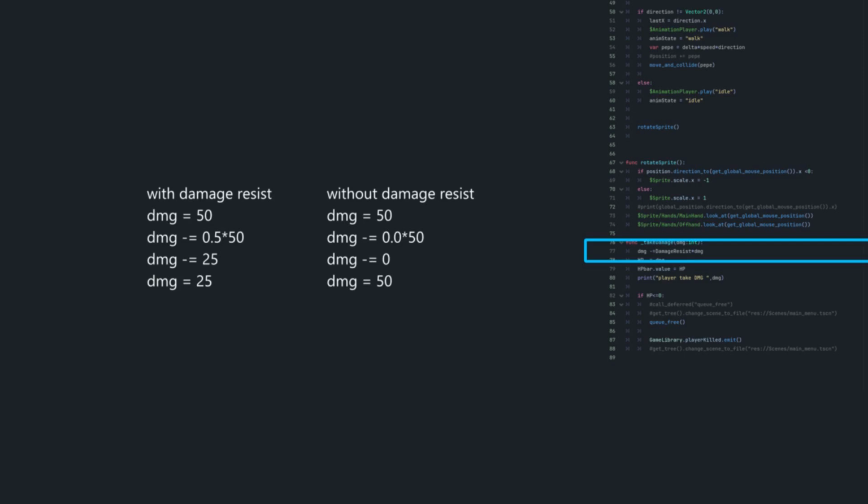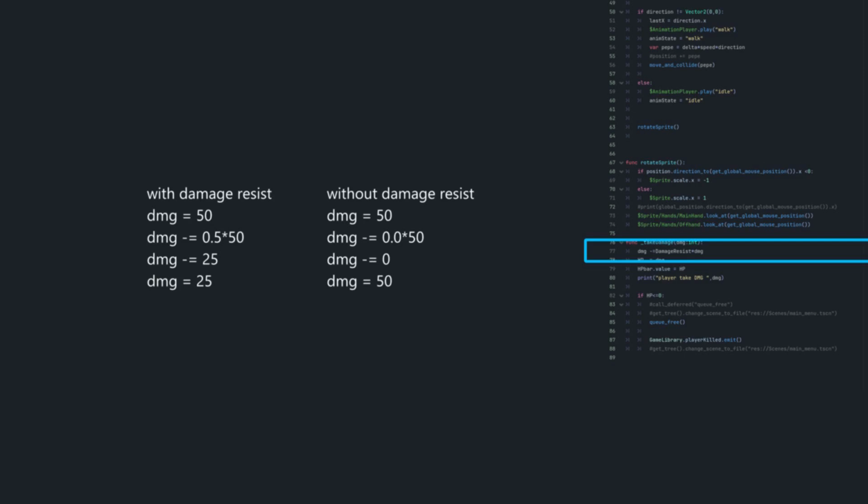If we don't have damage resist, it will be damage 50 minus 0 damage resistance times damage, so it doesn't get reduced, the damage will still be the same.